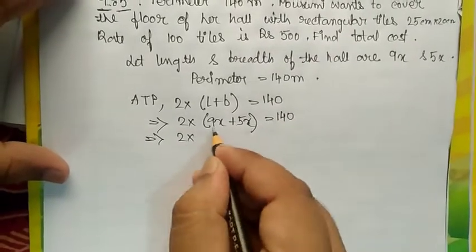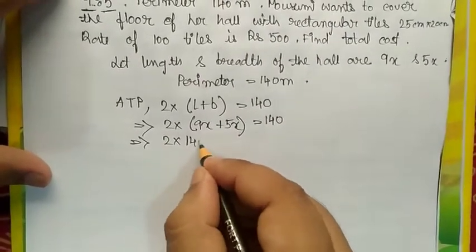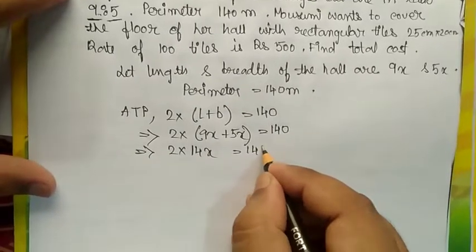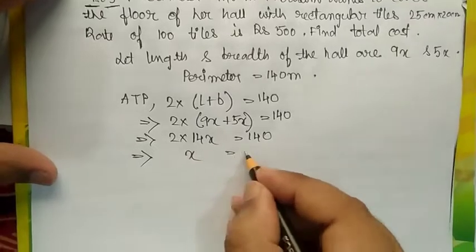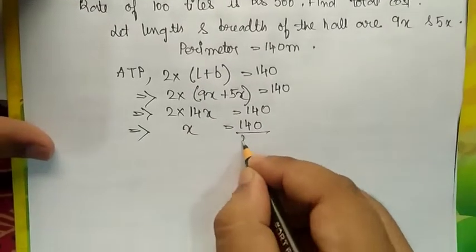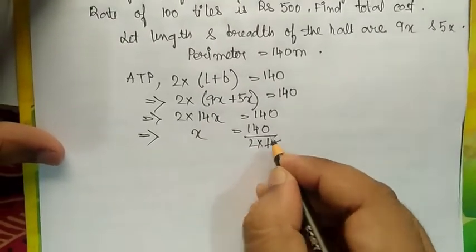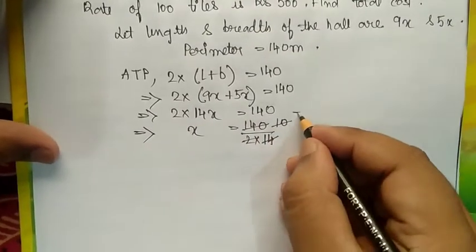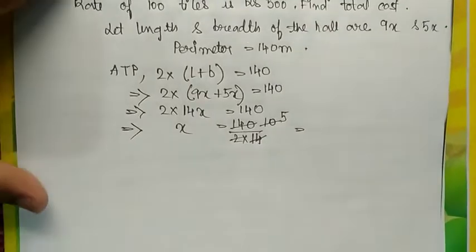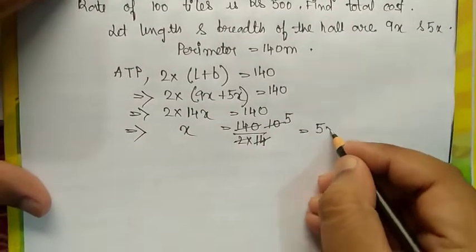So 2 into 9x plus 5x, 14x equal to 140. So x equal to 140 by 2 into 14, so the answer is x equal to 5 meter.